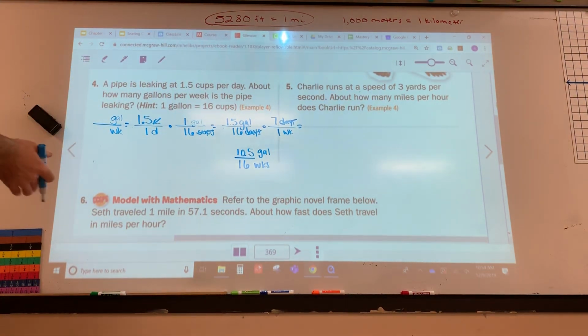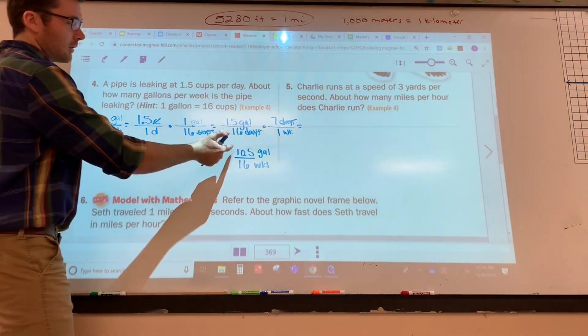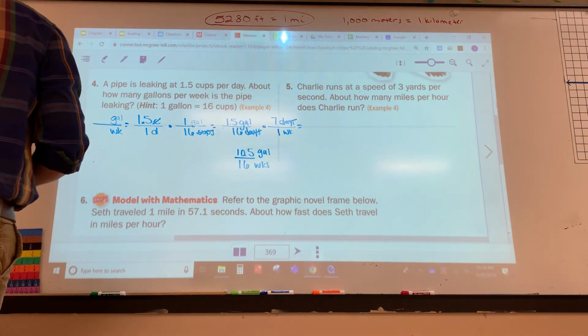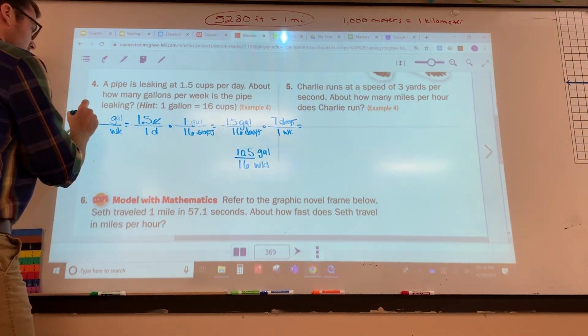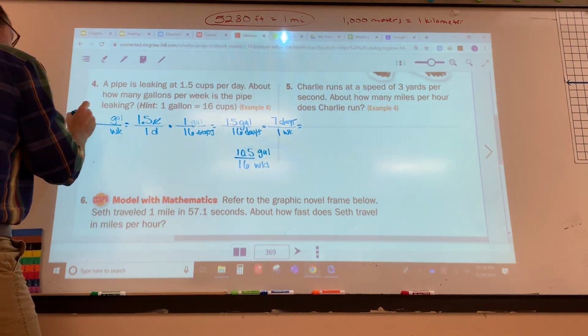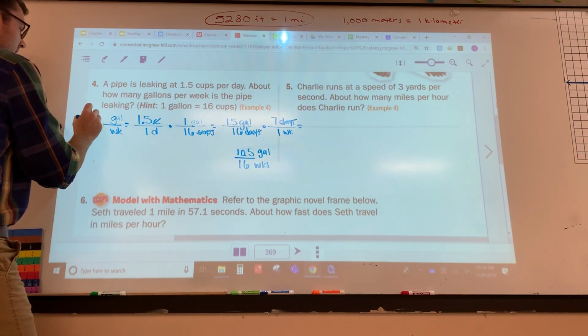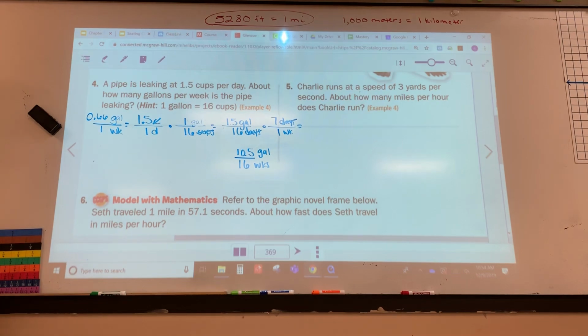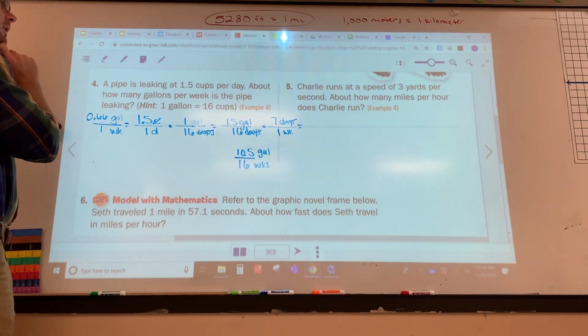Well, now I'm trying to get it down to 1 week. So 10.5 divided by 16 is going to be 0.66 gallons per week. 0.66 gallons every 1 week. So when you divide that out, this is what you should come to.